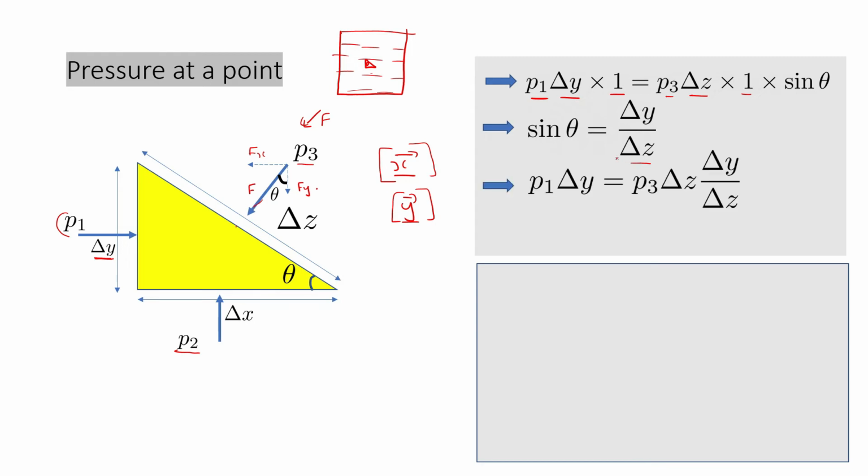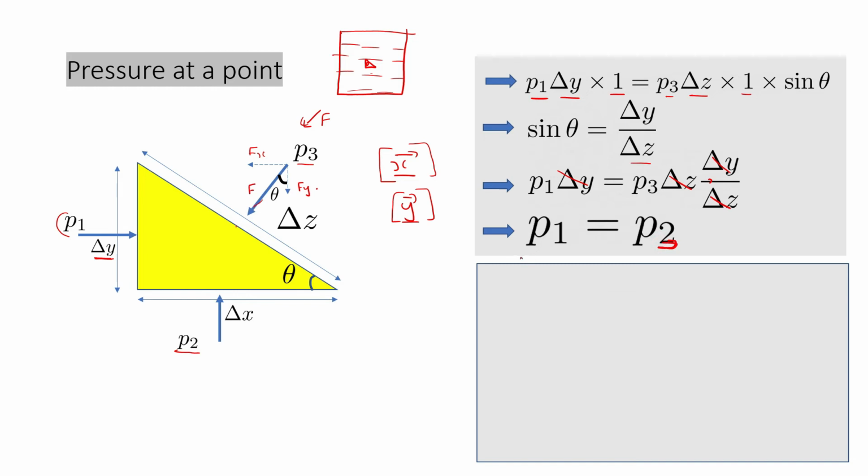So we can write P1 into delta y is equal to P3 into delta z into delta y by delta z. Delta z will be cancelled off, and delta y will be cancelled off. That means P1 is equal to P3. Here it is P3, not P2.